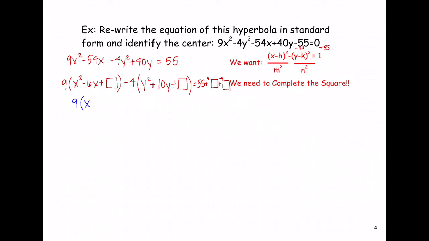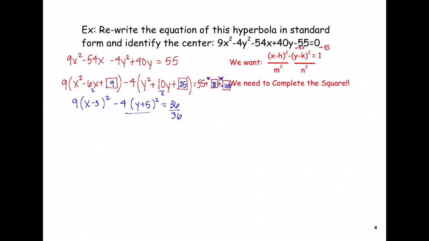9 times our x quantity squared, b divided by 2 is negative 3, negative 3 squared is 9, 9 times 9 is 81. 10 divided by 2 is positive 5, 5 squared is 25. 25 times negative 4 is negative 100. When we combine like terms, we get 36.